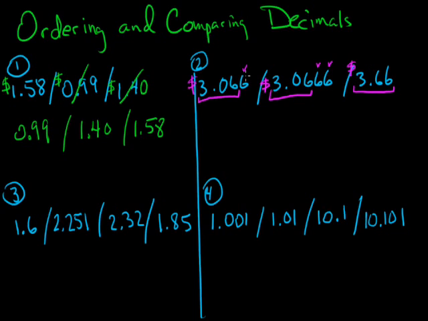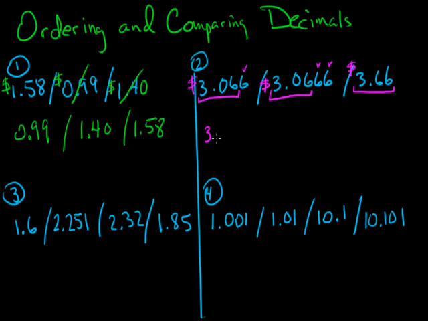Now we're going to see something interesting here. Now, what would be the smallest? Well, this is like $3.06, $3.06, $3.66. Well, we know that this is the biggest. So what's the smallest? $3.06 with 1 6 to the right, or $3.06 with 2 6s to the right? Well, the $3.06 with 1 6 to the right would be the smallest.